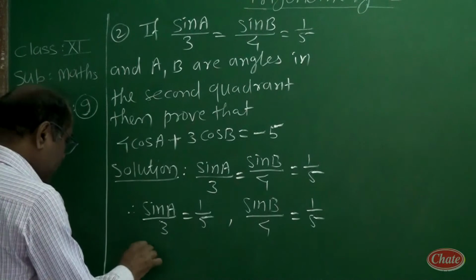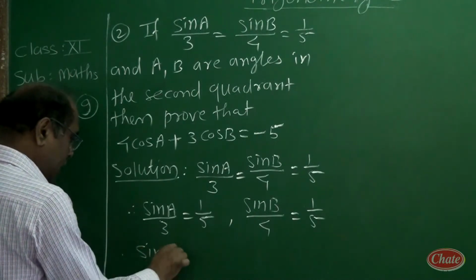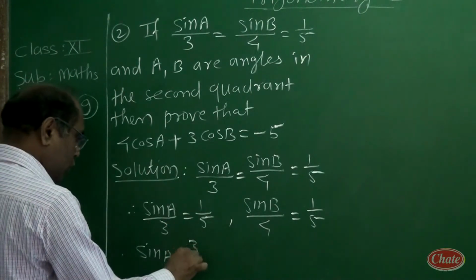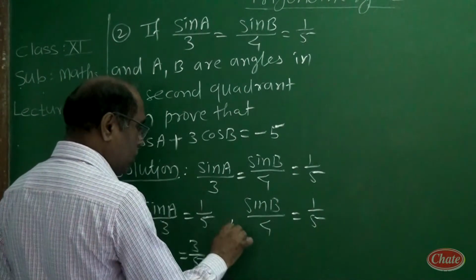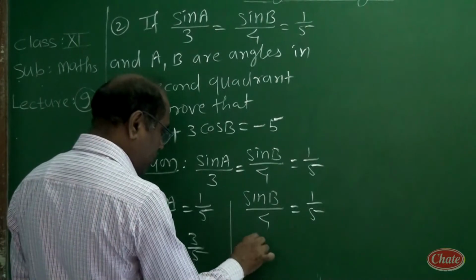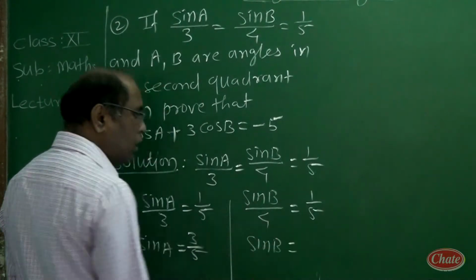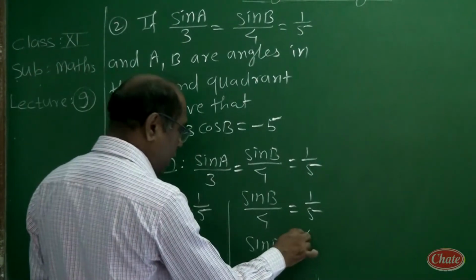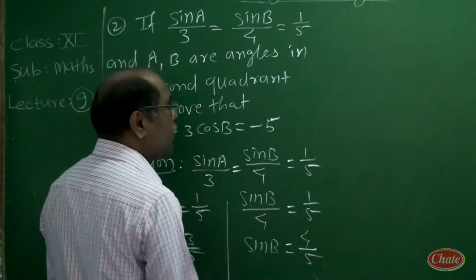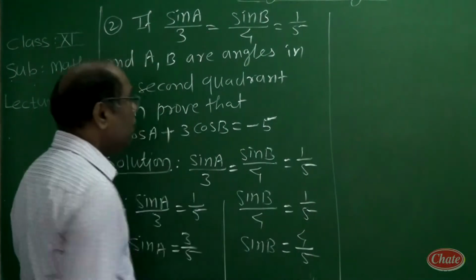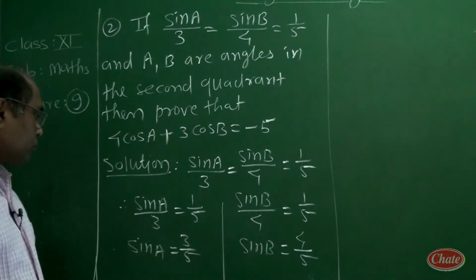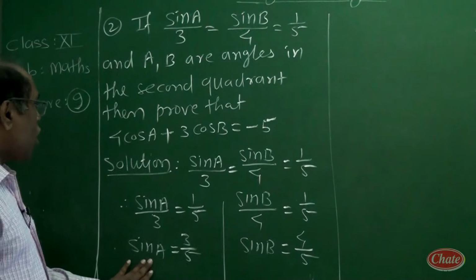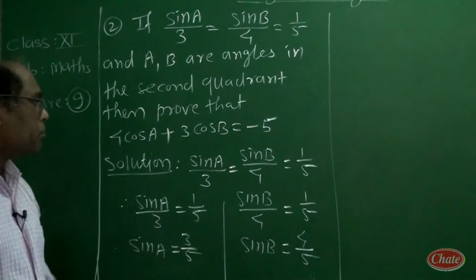So what is the value of sin A here? The value of sin A is equal to 3 by 5 and the value of sin B is 4 by 5. Now here we have to find out the value of cos A and cos B.